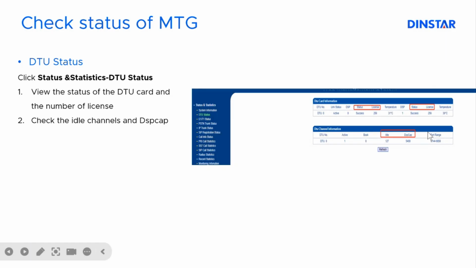Also, as mentioned earlier, we can check the RTP port here on the DTU. We can find the port range here, from 6144 to 6656. In scenarios with a firewall, if firewall port mapping is required, the corresponding ports need to be opened on the firewall.